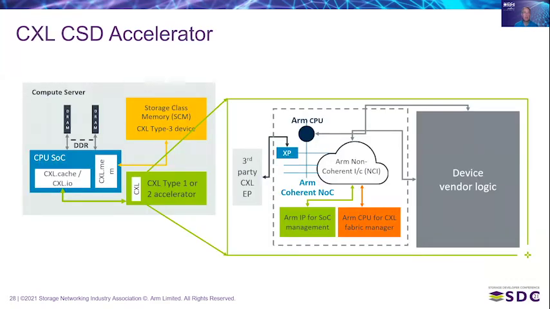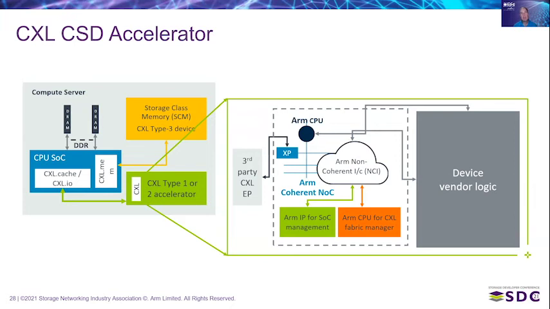So if we step one level deeper into the architecture of what this might look like, over on the left-hand side, we've got a compute server with a CPU SoC in blue, and it has a couple of different CXL ports. One port is connected up to a yellow block labeled storage class memory CXL Type 3 device. This would be like a memory expansion type device. And then there's a green block labeled as a Type 1 or a Type 2 accelerator. I would suggest that this could be a computational storage drive in the future.